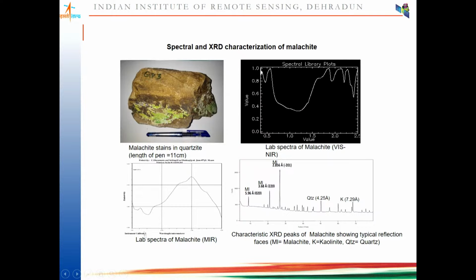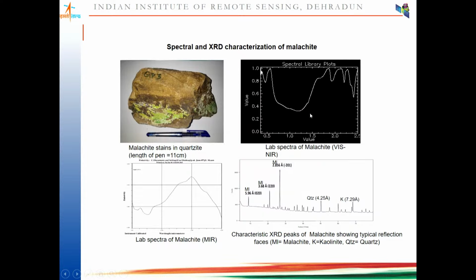Then what have we done? The spectrum of malachite on this surface has also been collected using the FTIR, the emissivity spectra. Then we corroborated this result by matching it with the XRD analysis. XRD clearly shows the peaks of malachite at 5.6, 3.368 and 2.8, and these three peaks show that malachite is present.